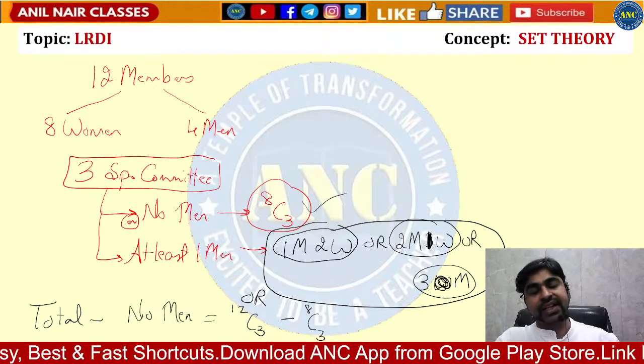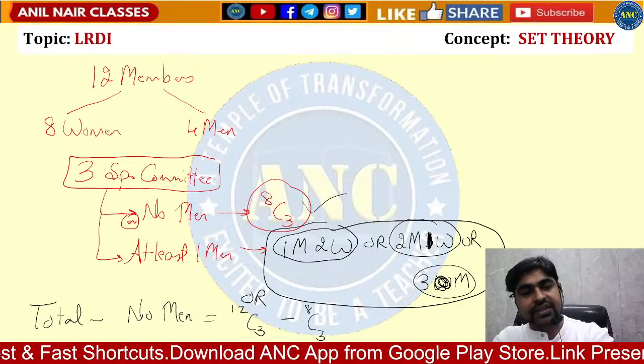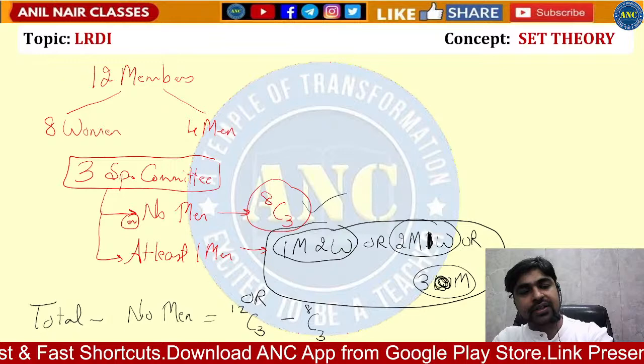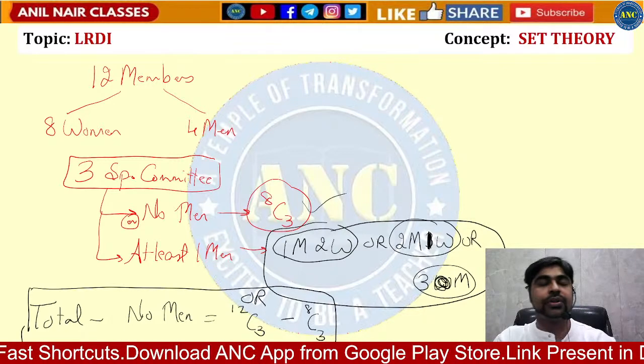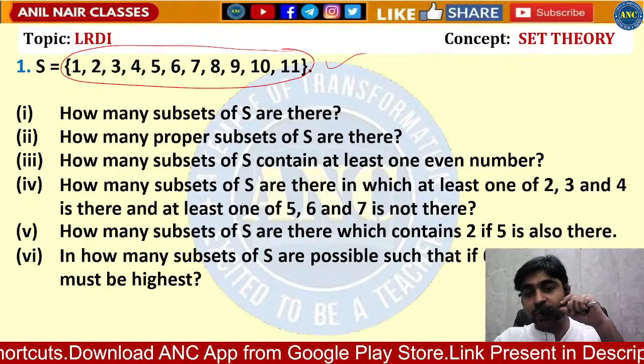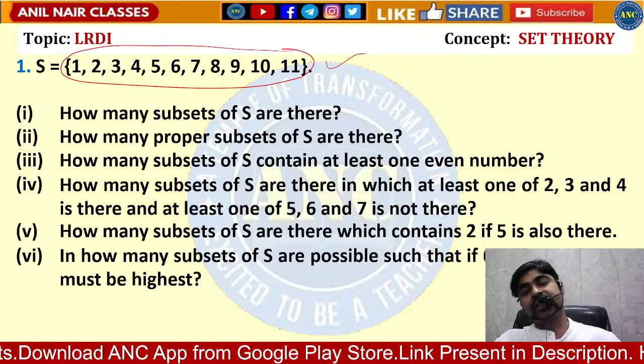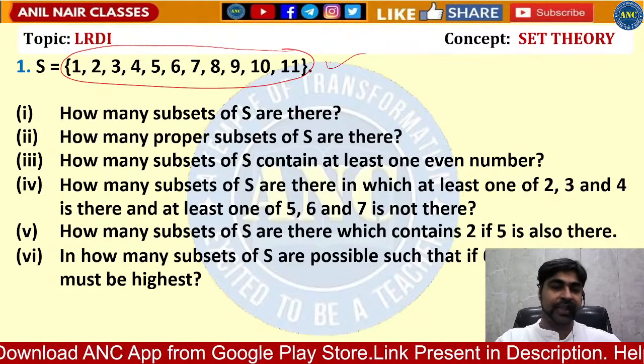So 12C3 minus 8C3 would have become my answer. This is just a similar case to this particular question of how many subsets of S contain at least one even number, which means total cases minus the special case when there were no even numbers.